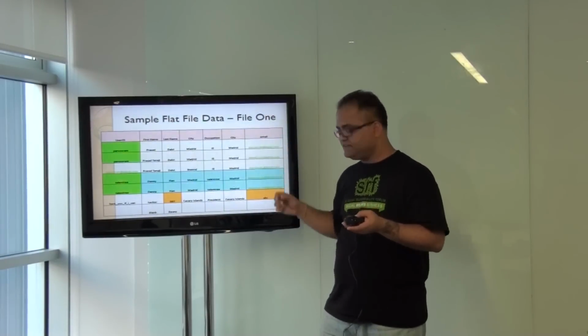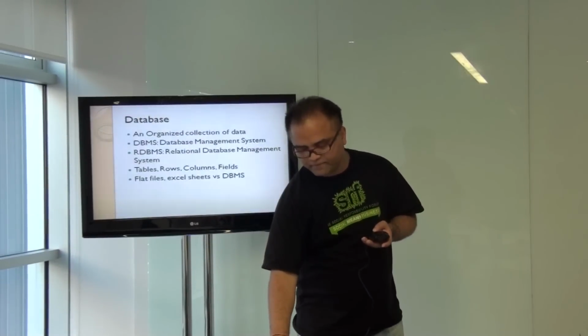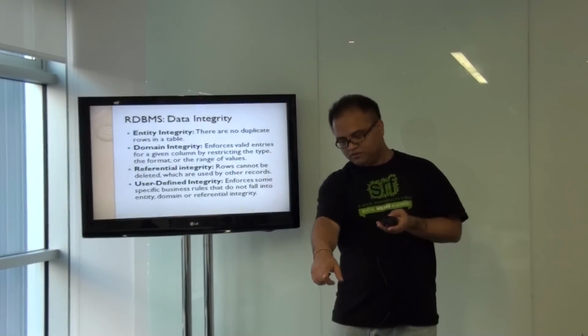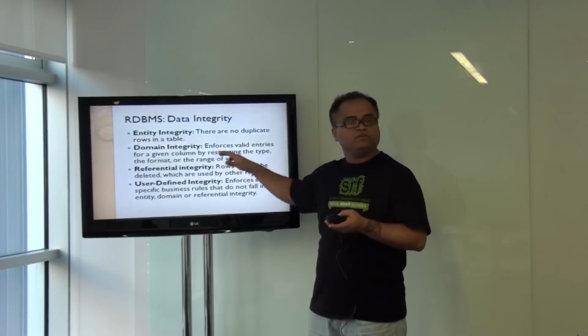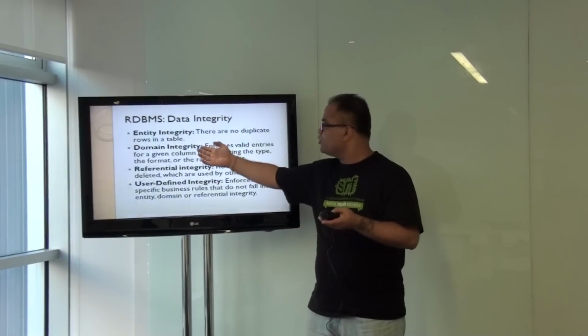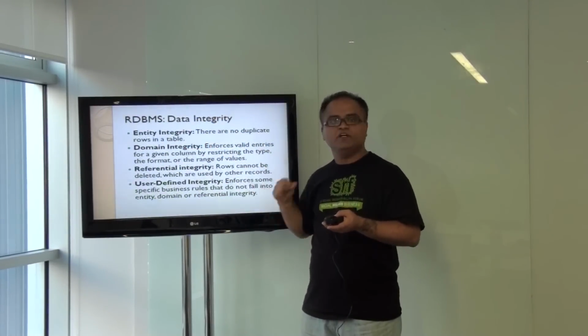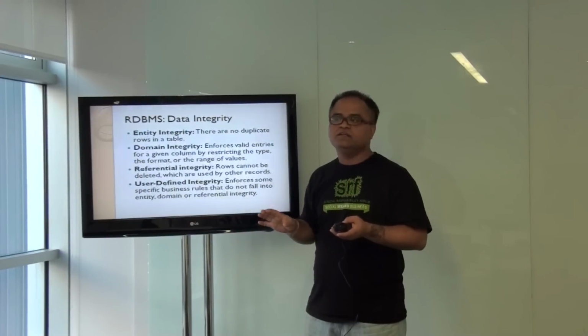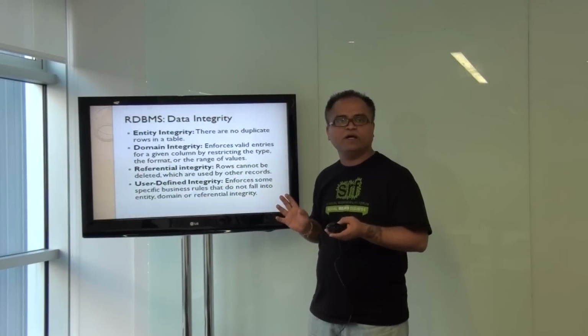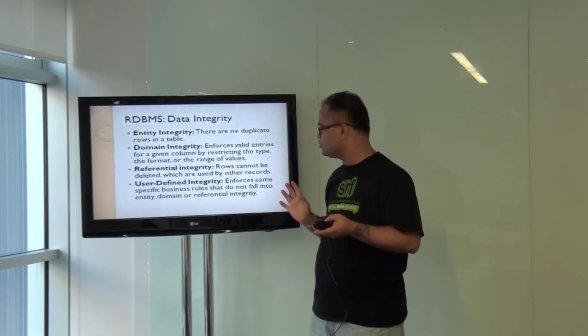So that is your domain integrity. Those two issues are taken care of just because an RDBMS has them by default. You define what you want, and then there cannot be any chance of having wrong data. You don't have to do any extra effort.